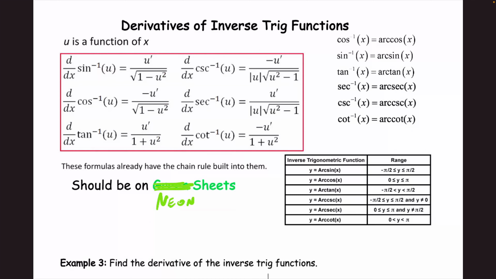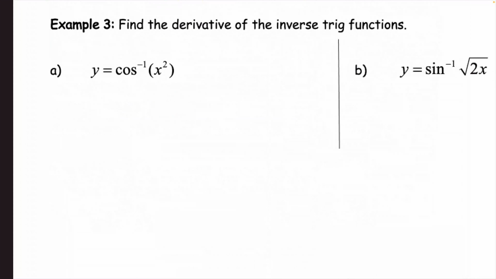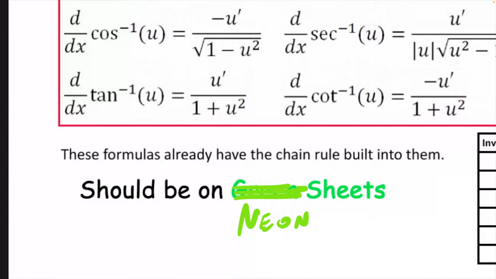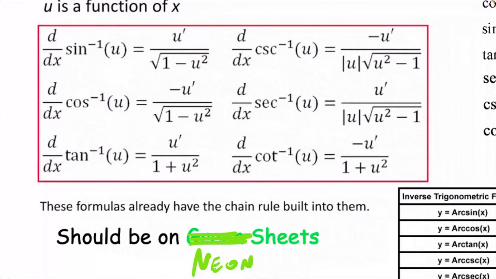Okay, so let's look at 3a. We know it's inverse cosine, because it says so. So we go to our little table up here, and we see inverse cosine is negative 1 times the derivative of u over the square root of 1 minus u squared.